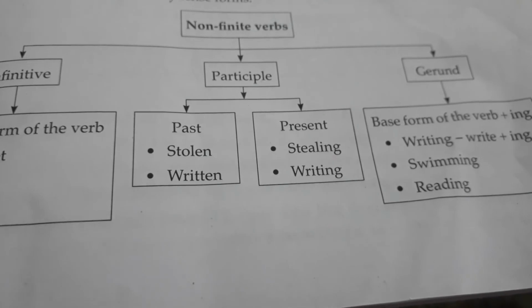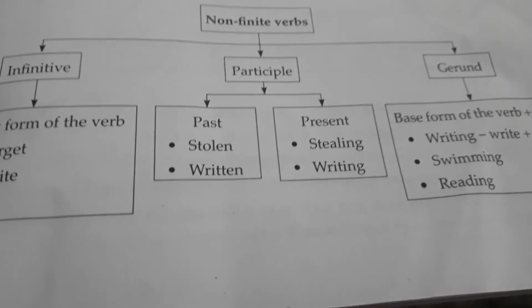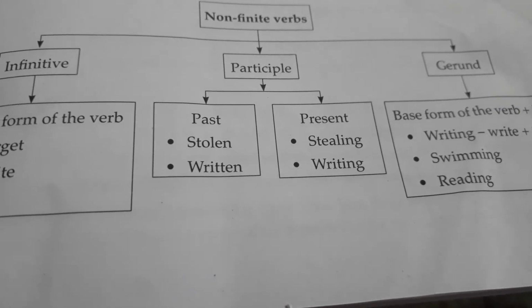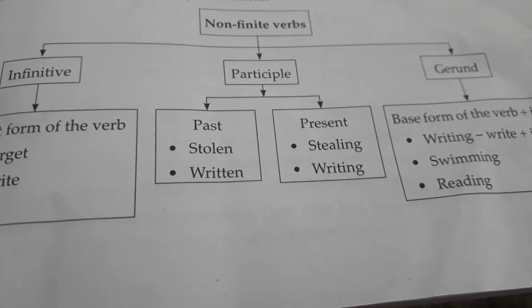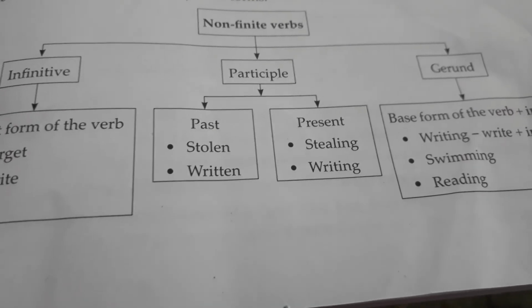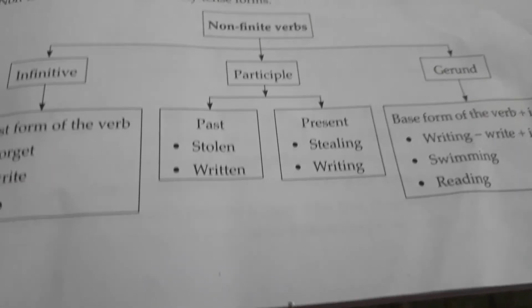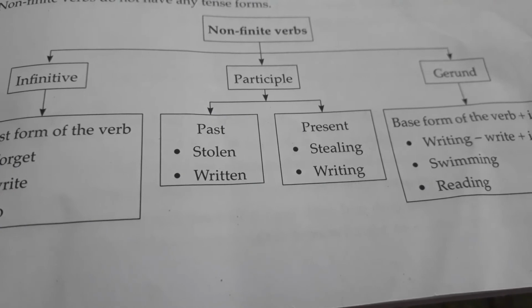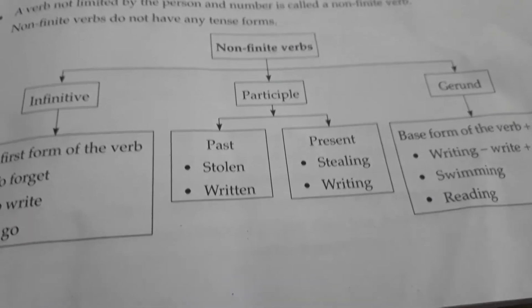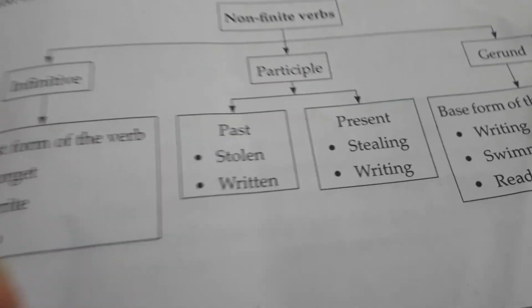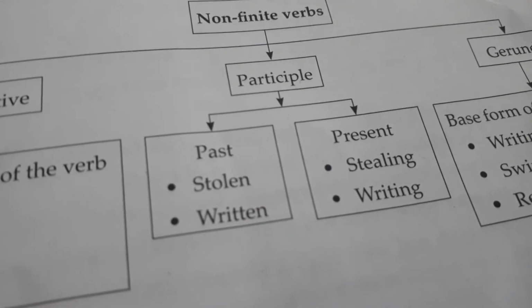Then is participle. Now participle is again divided into two forms, past participle and present participle. Past participle, the action is complete, and present participle means the action is going on, it is in the continuous form. Now to the base form of the verb, when I add ed or en, it becomes my past participle.